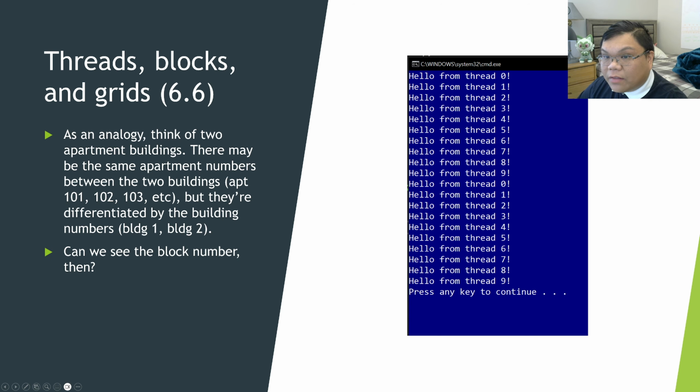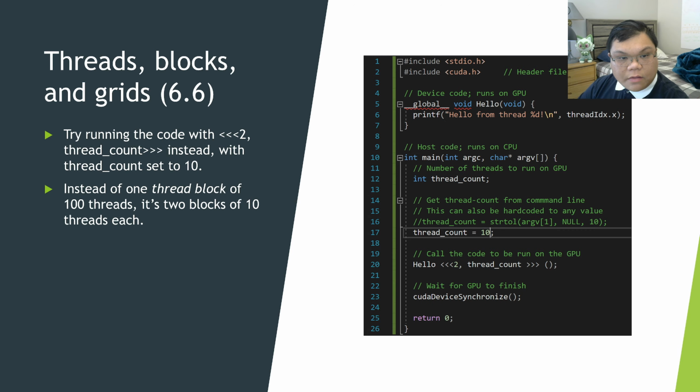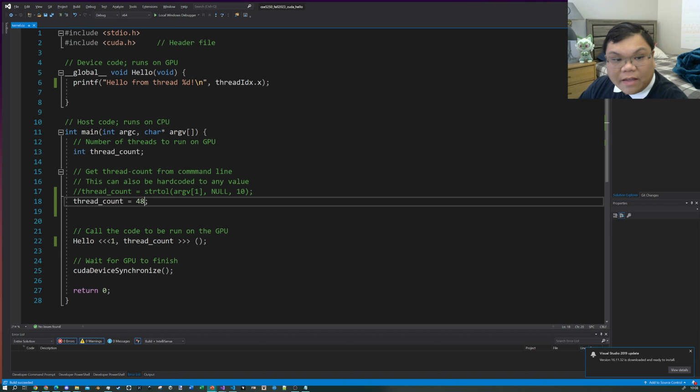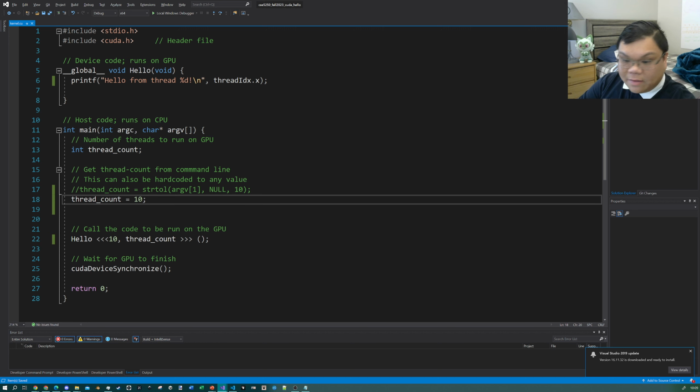So, let's see what happens if I instead modify the program. So instead of one thread block, let's do 10, and the thread count is 10.